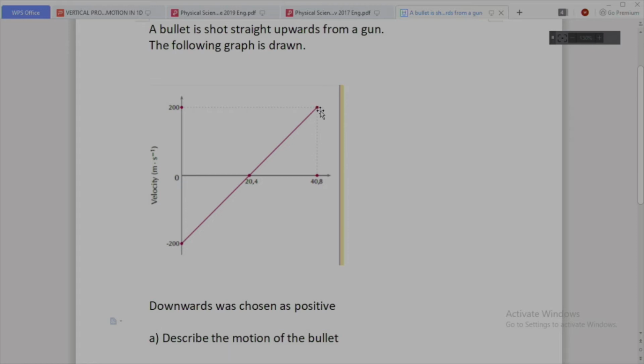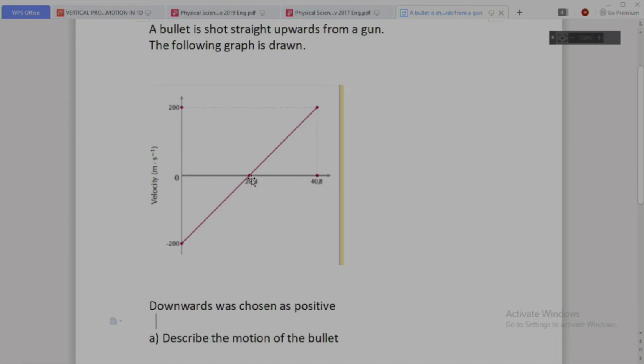Now as it comes down, it will reach the ground or the initial position at exactly the same time, because if you add 20.4 and add another 20.4, it will give you 40.8 seconds, which is what I explained earlier on, which is what? Time symmetry, right? So the amount of time it took the bullet to go up, it will take exactly the same time for the bullet to go back to its original height or original position, right?